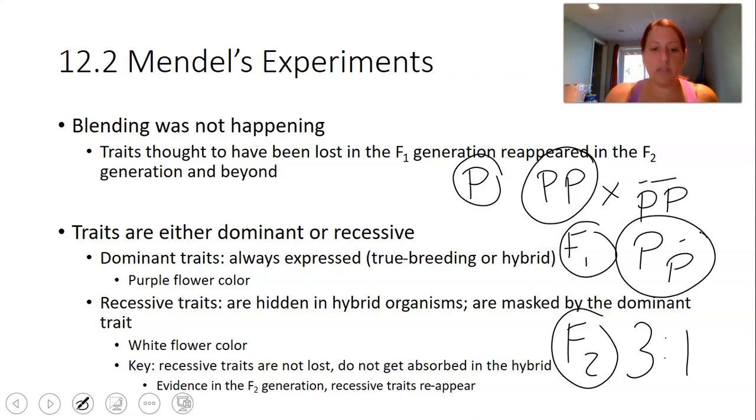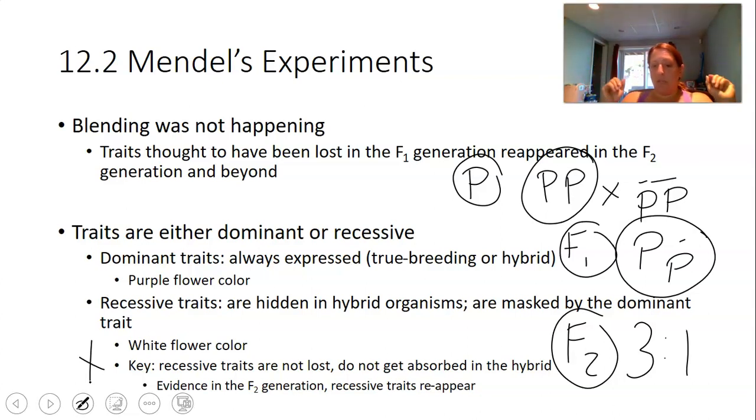Okay? So the key thing here, and again, thanks to Mendel going out to the F2 generation, is that those recessive traits are not lost. If you look at the F1 generation, the hybrids or the heterozygotes, big P, little p, if Mendel stopped there, he would have gone along with the rest of the scientific community and thought, oh, the white trait got lost. It's absorbed.